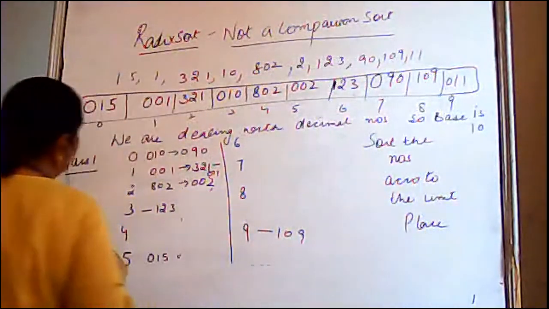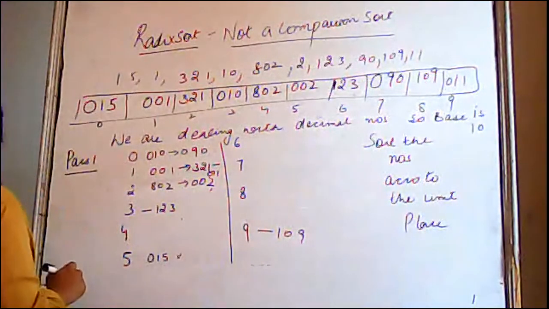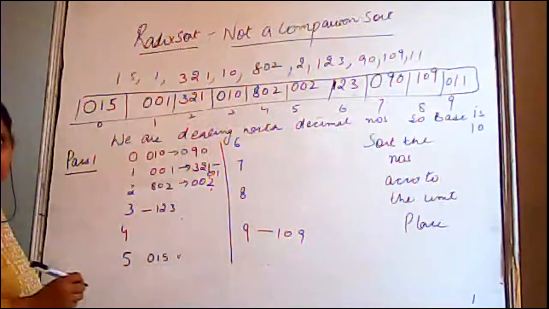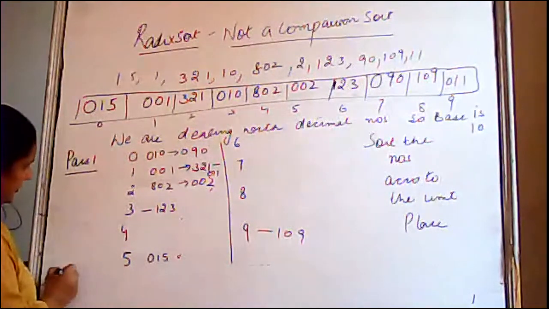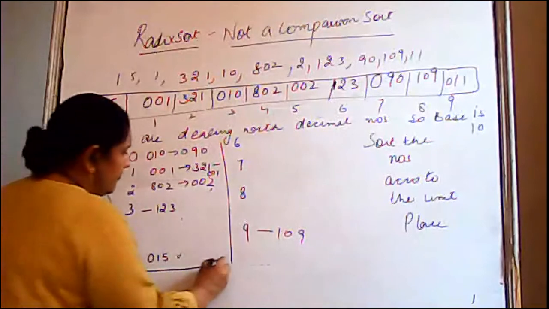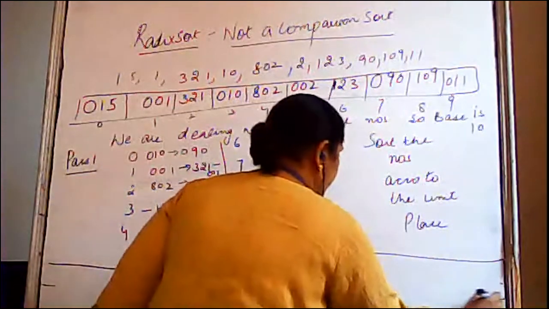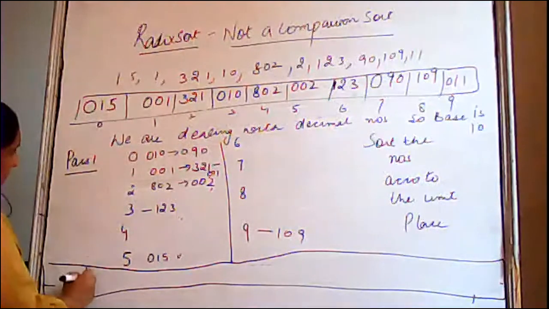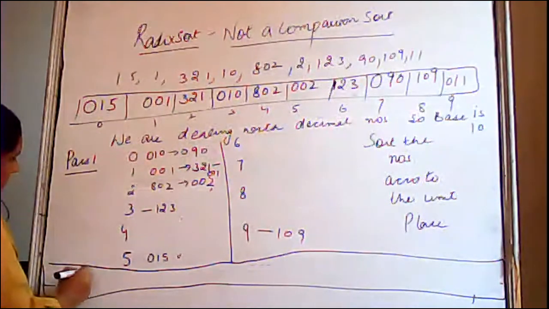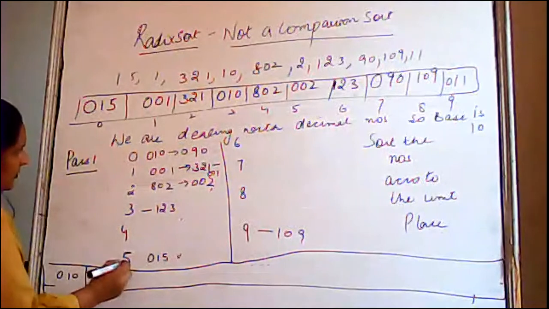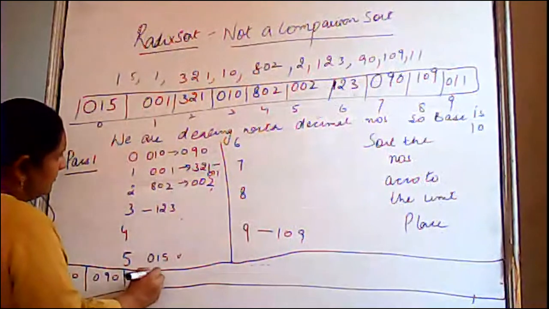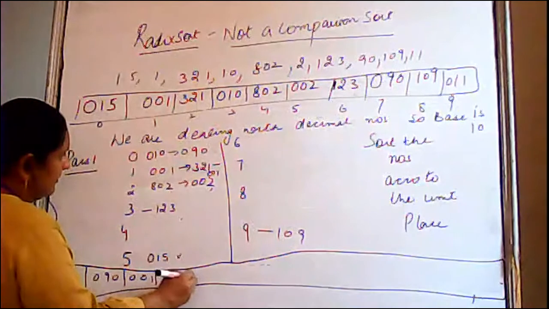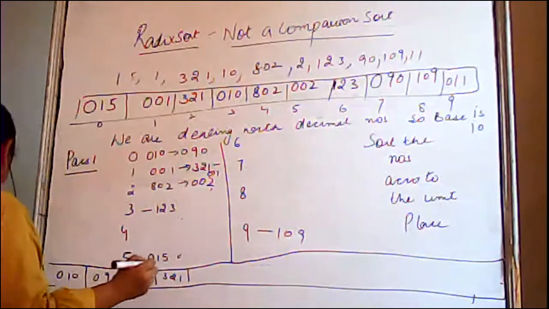Now you have to remove these one by one. So first you will get 010, 090, then 001, 321, and 011.